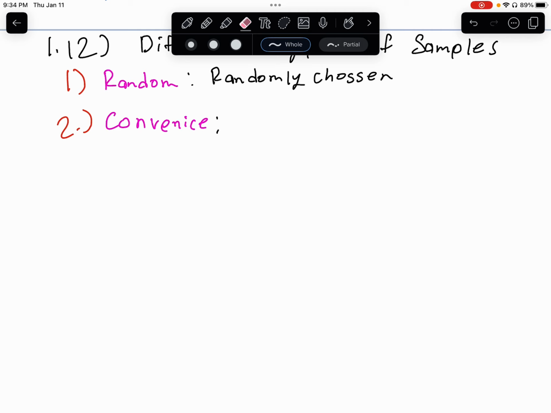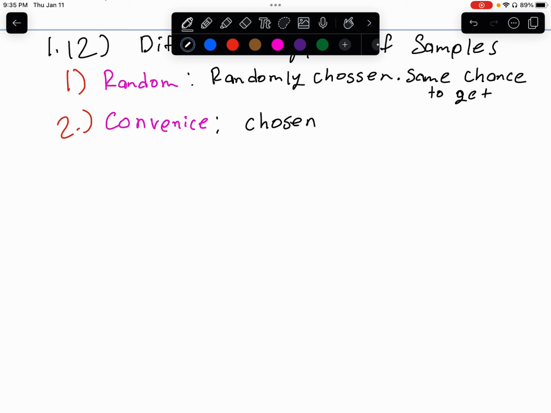The random sample from this is I can either pick red or blue, but it's random because I'm not trying to get a particular ball. I'm just putting my hand in and seeing what I get. So this one is randomly chosen from the population, and each one has the same chance. I'm going to add that part. So it's same or equal chance to get. That's very important. Convenience is chosen.